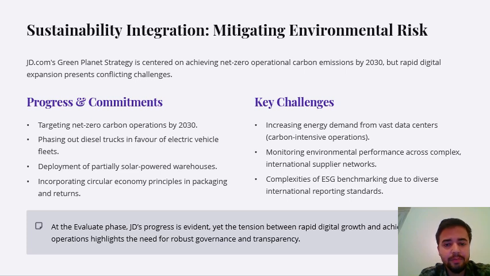Although these developments have taken place, threats remain. Increasing data center energy requirements make the company carbon emissions intensive, and environmental performance monitoring across the incentive supply chain network is a difficult issue.